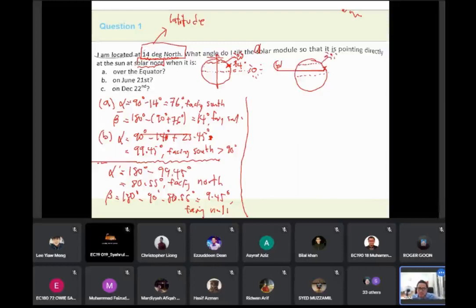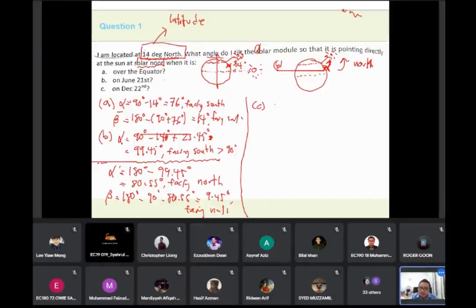The sun is here, so we are facing up, which is to the north. That's why there's a change of direction, because originally the sunlight is already upper than our latitude. So clearly, the last answer must be facing to the north. Okay, so simple.